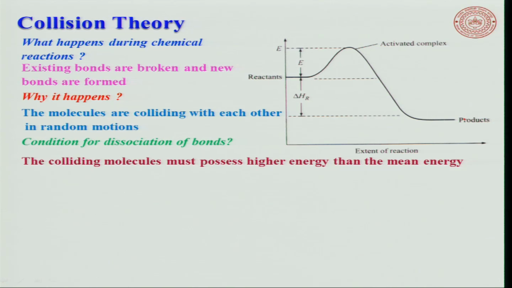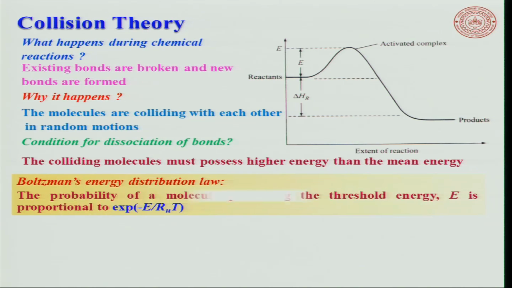Keep in mind that this diagram I have shown here is meant for an exothermic reaction, because if you look, the product's energy level is lower than the reactant's, and this difference, of course, is what we call the heat of reaction.